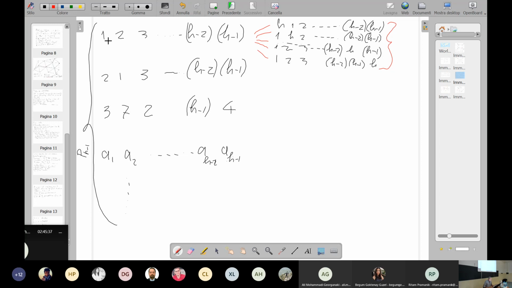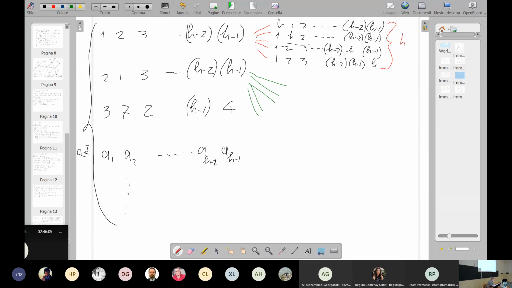Okay, how many spaces do I have between one tree and another? h minus 2, but I can put my h before the first, and after the last. So these are h. But I can do the same thing here.